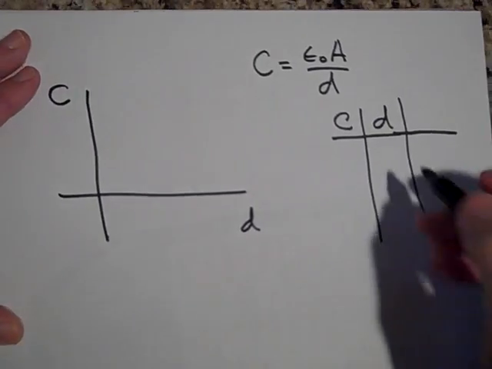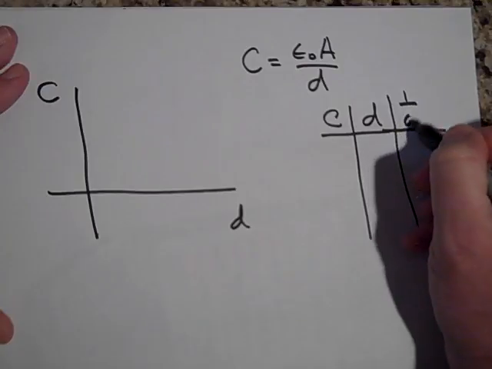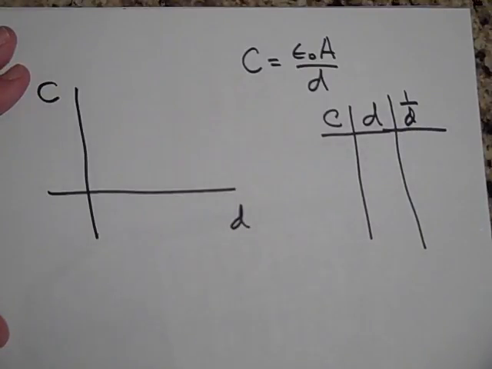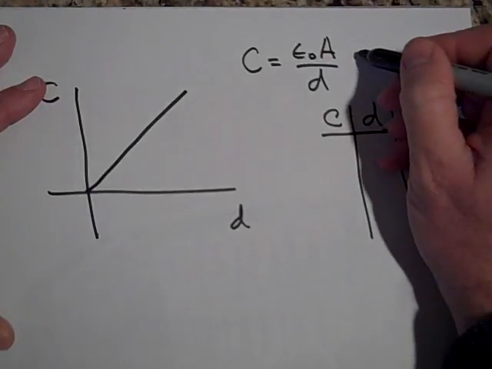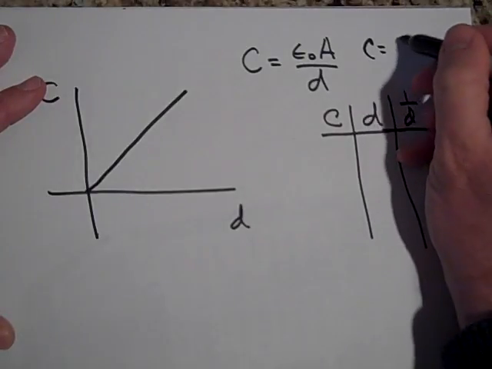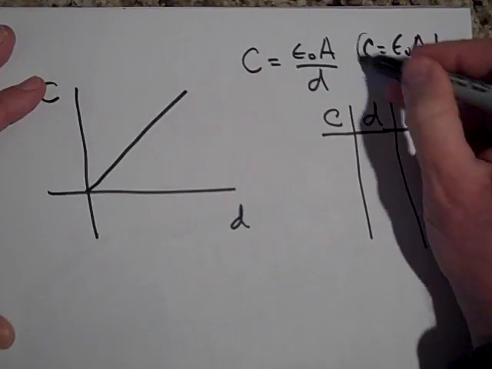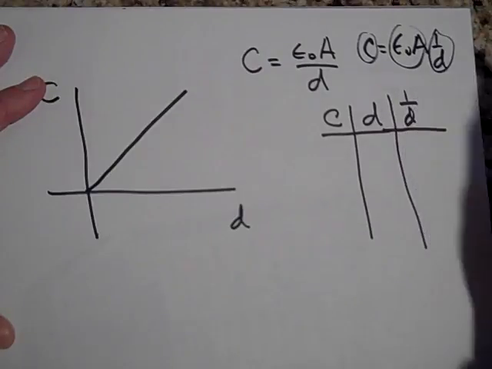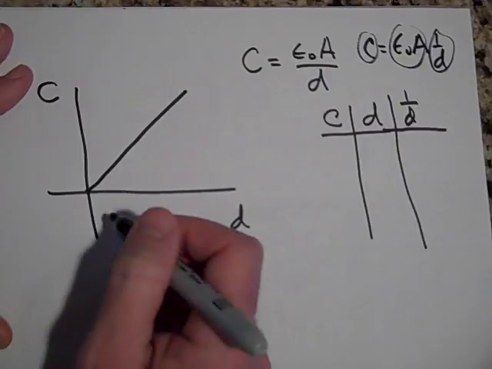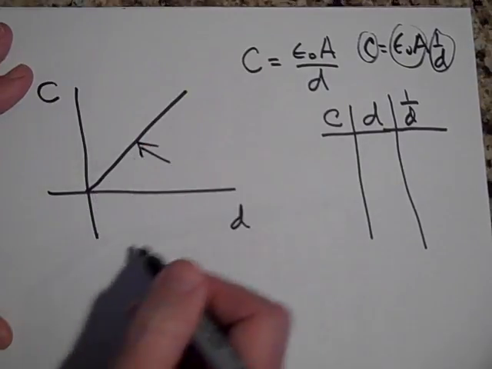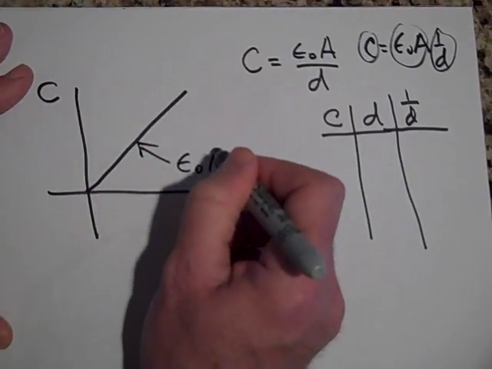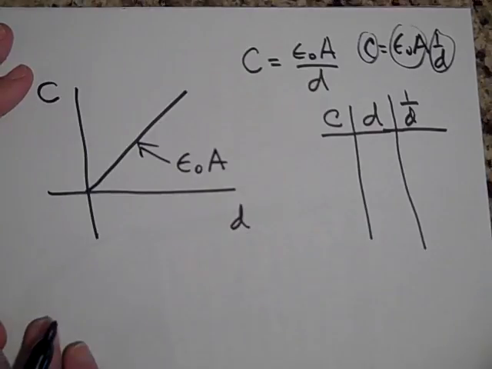But if you instead make one more column, 1 over d, and you plot that, you will get a straight line. Because capacitance is equal to epsilon naught A times 1 over d. Y equals mx plus b. And so sure enough, the slope of that graph will be epsilon naught times A. That's what the slope of that graph is.